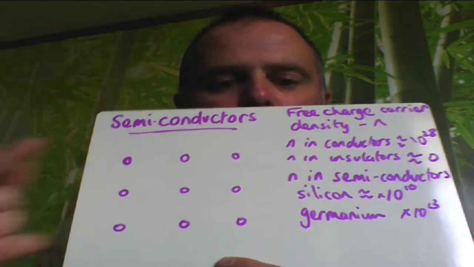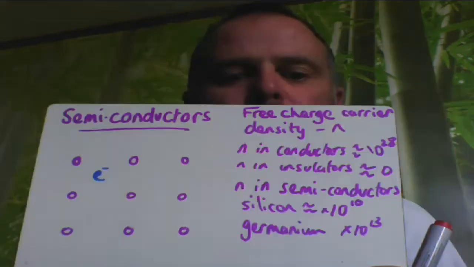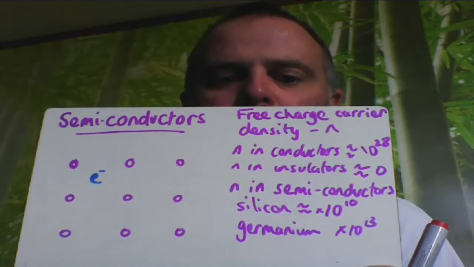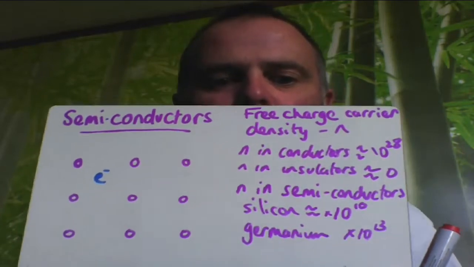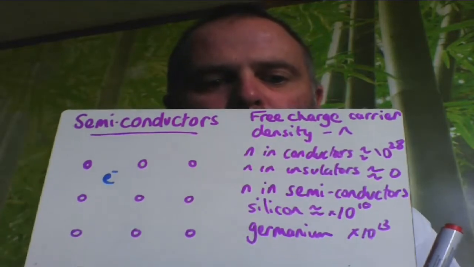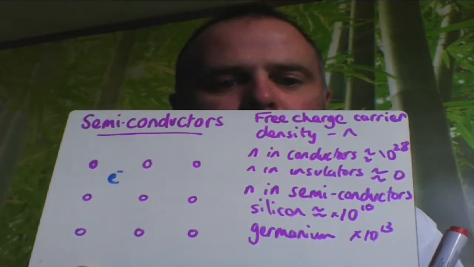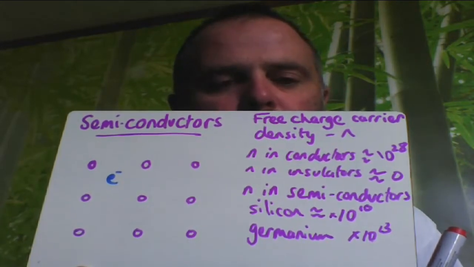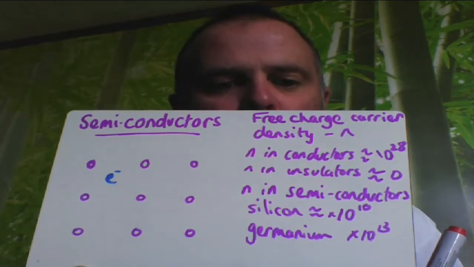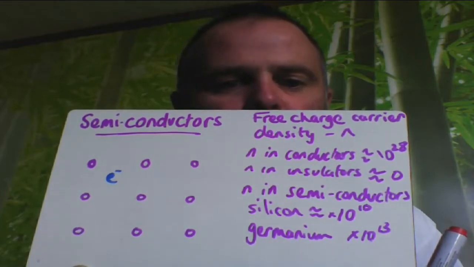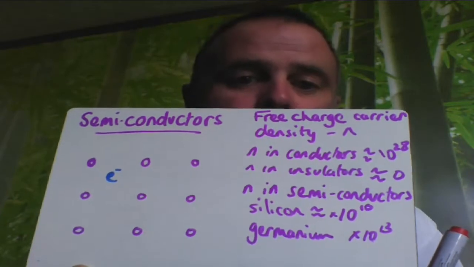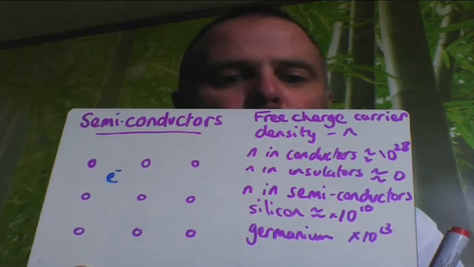Right? Now, I'm going to pause for a second whilst I draw something. Okay, so this being a semiconductor, I'm going to have just one solitary electron there that is free to carry charge through the semiconductor. So having a low number of free charge carriers means that the resistance of this semiconductor is quite high.